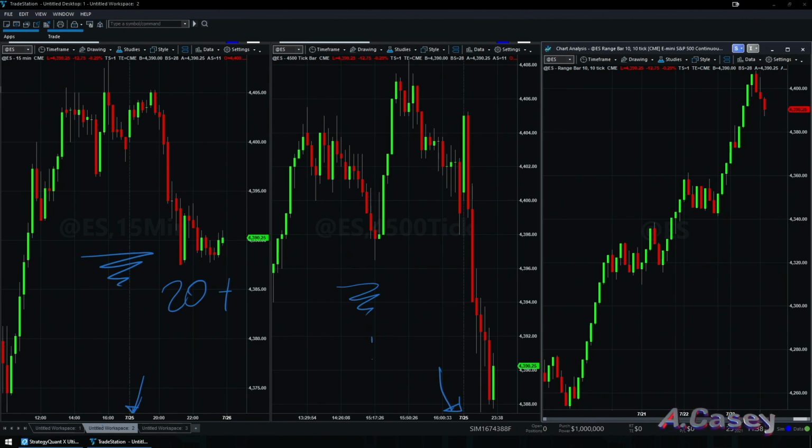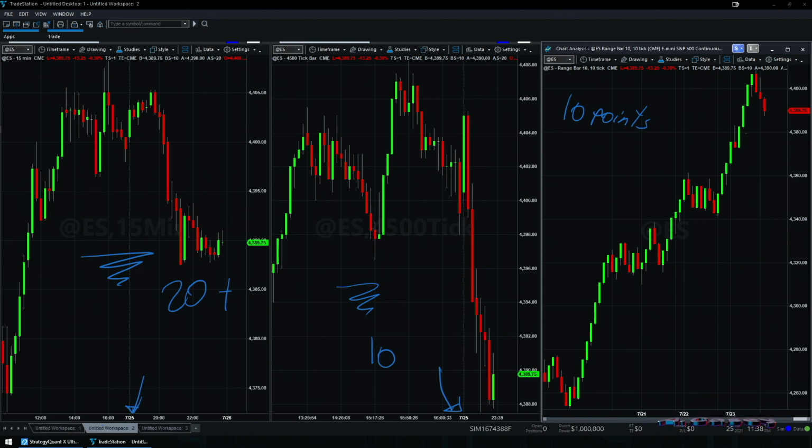So we almost have 10 bars here. This one has 20, this one has 10, even though we're representing the same amount of information. And then lastly, this is a Renko bar, which paints a new bar every 10 points.